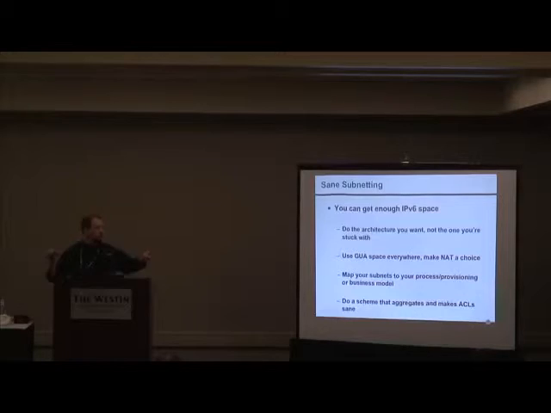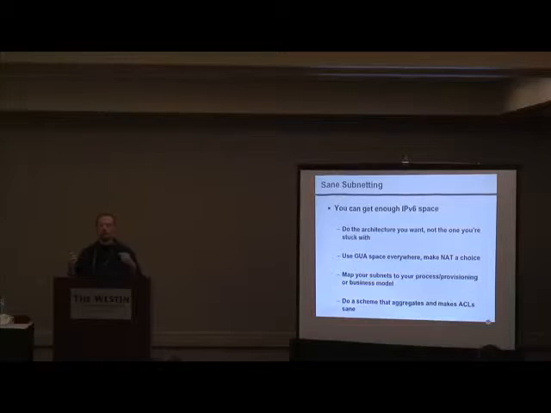You may still choose to do NAT, but you've got a choice now. And if you decide later that the technical reasons for doing NAT are no longer valid, you already have enough address space in the same range, so you don't have to go and get yet another range. Map your subnets in the way that makes sense for you. Finally, again, we have some control over our own destiny.